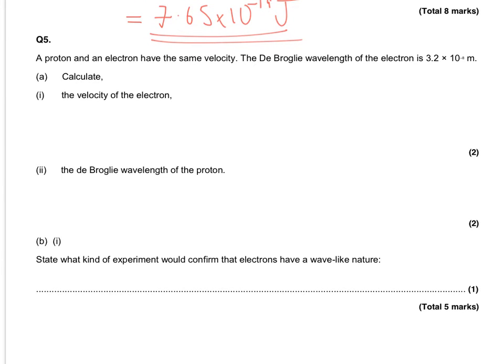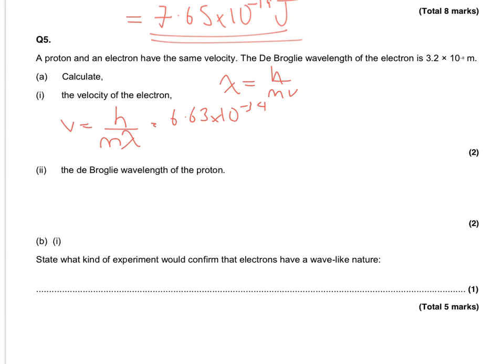So we're looking at the wave properties of particles. This is governed by this equation here. We need to rearrange it for this question. We want velocity, so that's going to be Planck's constant over m lambda. So we'll have 6.63 times 10 to the minus 34.